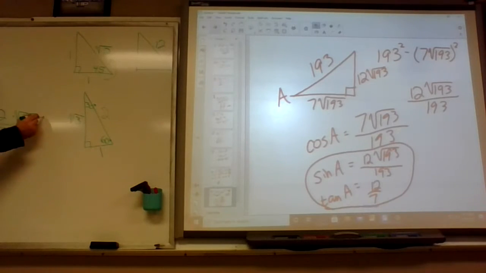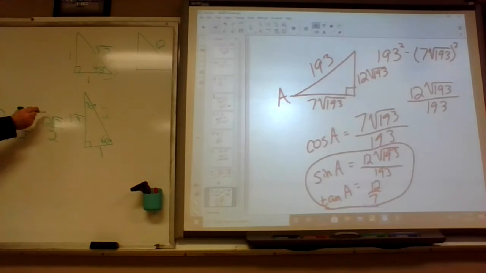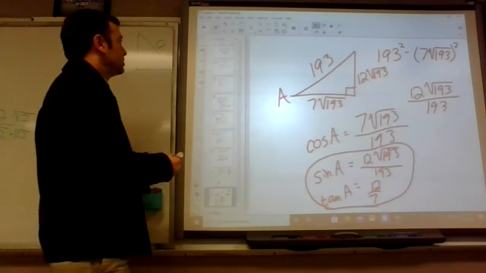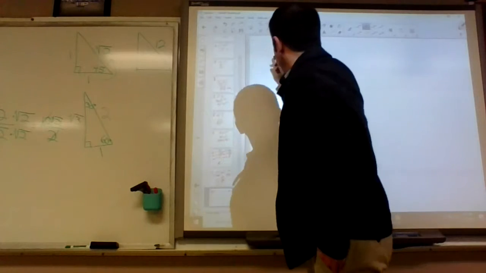So it's 12 square root of 2 over 2, which reduces to 6 square root of 2.